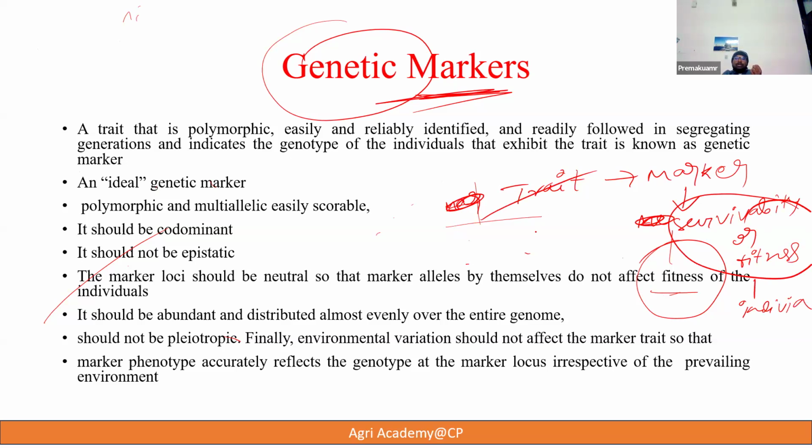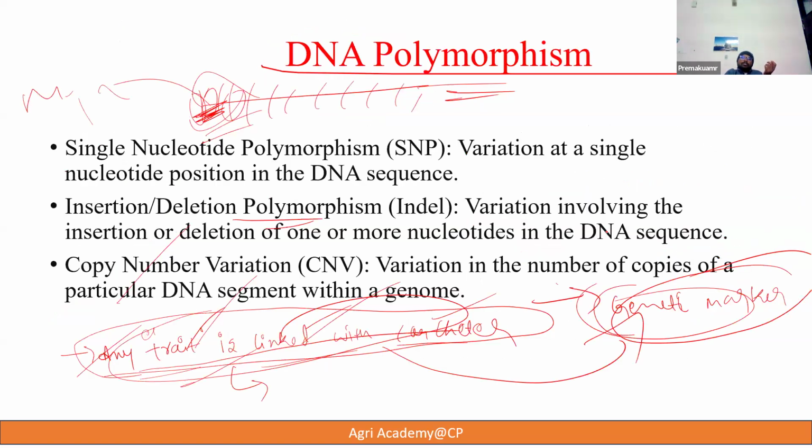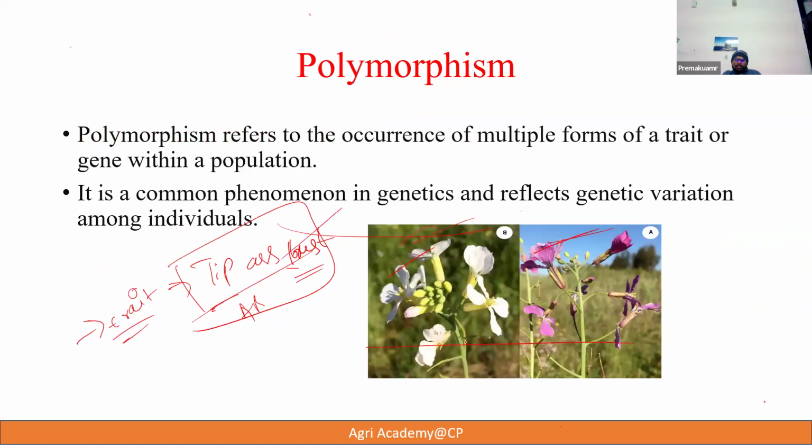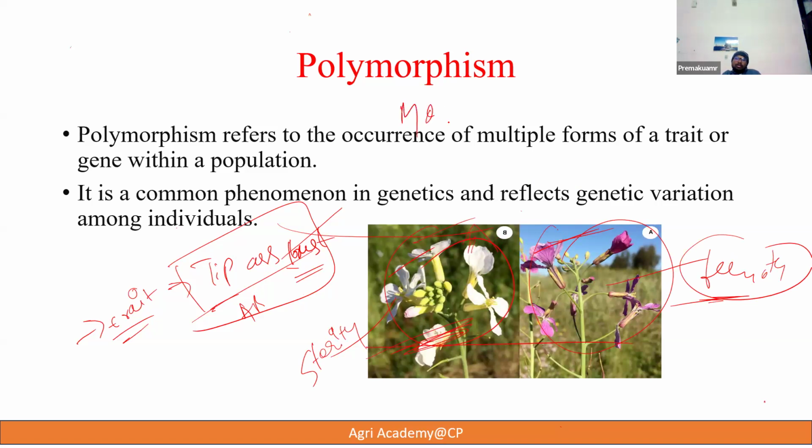For example, if you have one flower color, white, and the white color flower has some sterility issues but the purple color is fertile in nature, the fitness of the individual is affected by this particular trait. It means you should not use it as a marker. This is actually one of the disadvantages of naked eye polymorphism.